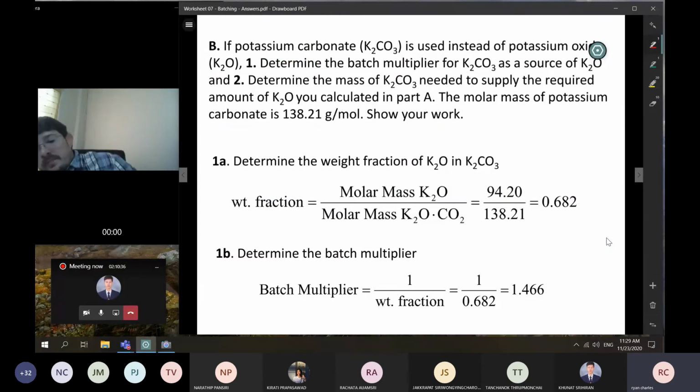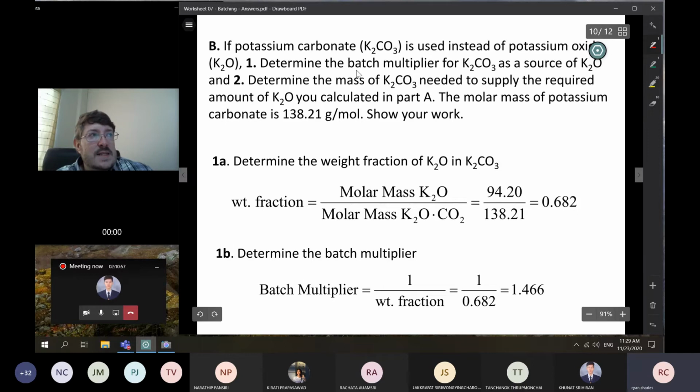Now, part B. It can happen that you don't have the exact material that you want, but you have something similar, right? So in the case of glass, maybe we don't have potassium oxide, but we have potassium carbonate, and we could substitute that, right?